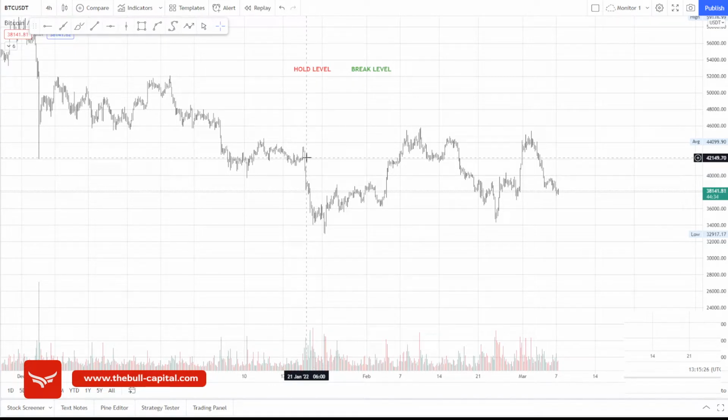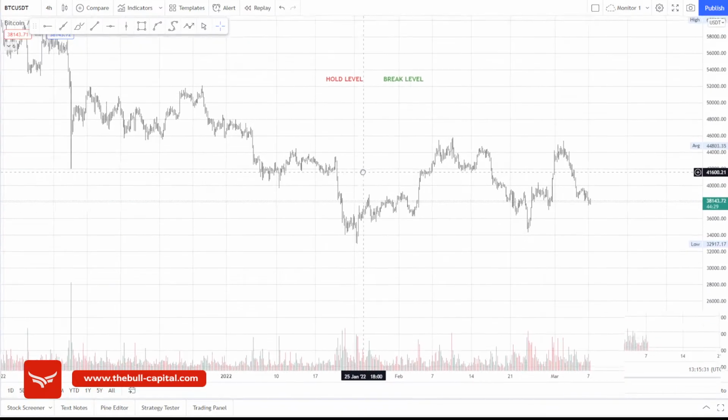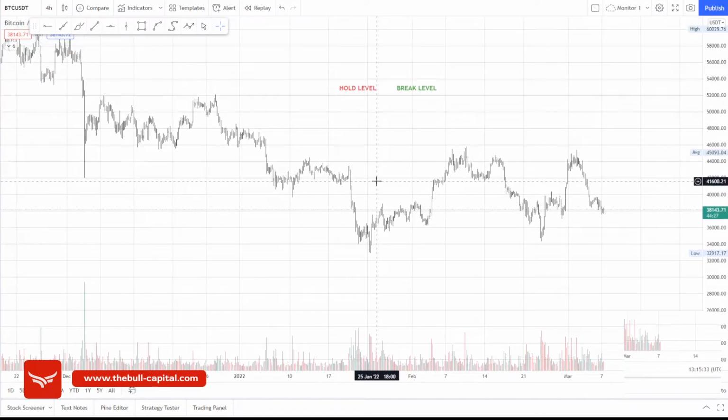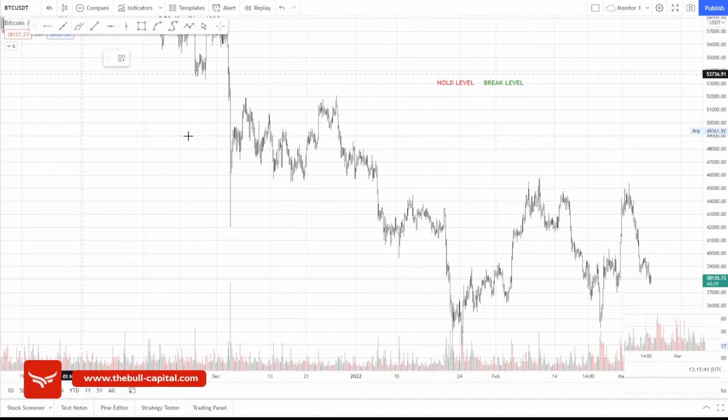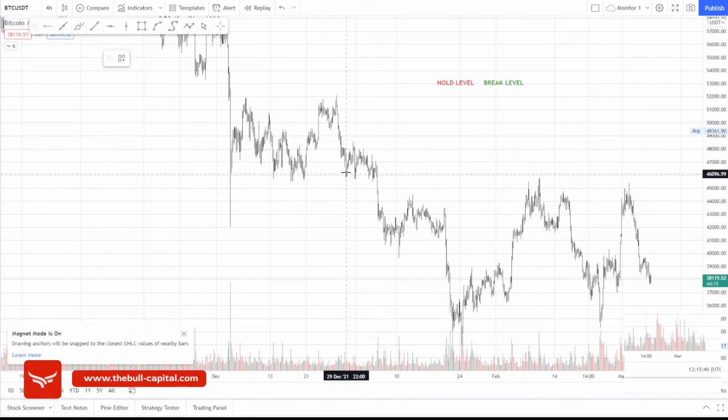So we are on BTC right now on the 4-hour time frame. Let's actually find some that we can use. Okay, so we have here a hold level.